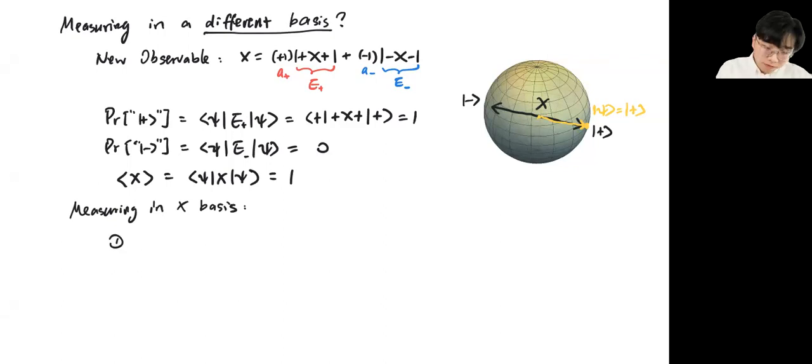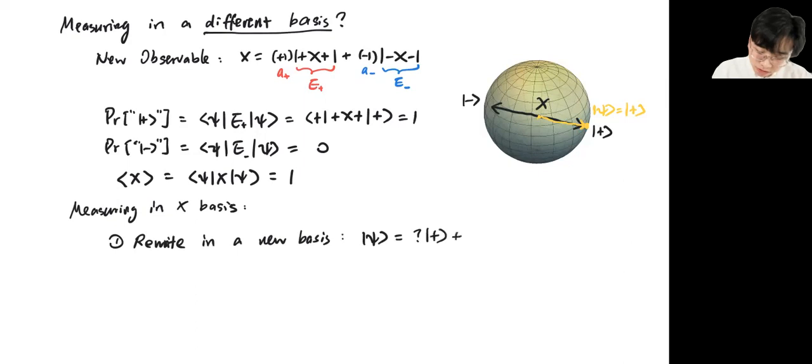So for the first, algebraic picture, we can think of measurement in the X basis as rewriting the quantum state psi in a new basis. So psi equals some coefficient times plus, plus some coefficient times minus. And the coefficients here, let's denote them as alpha plus and alpha minus, can be very conveniently calculated by this inner product.